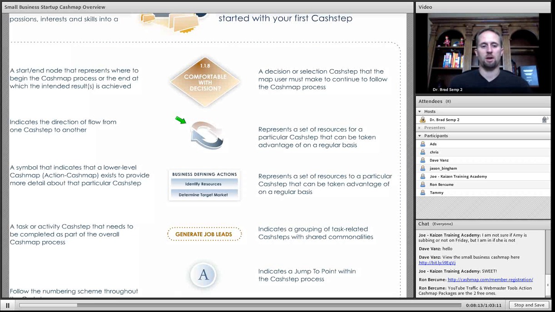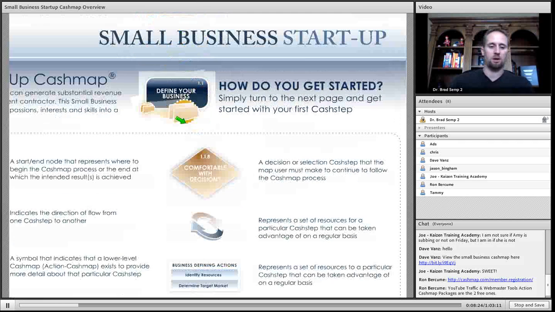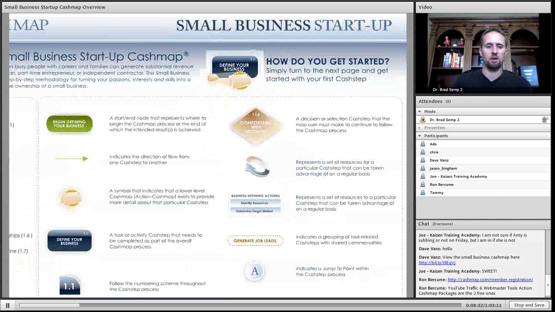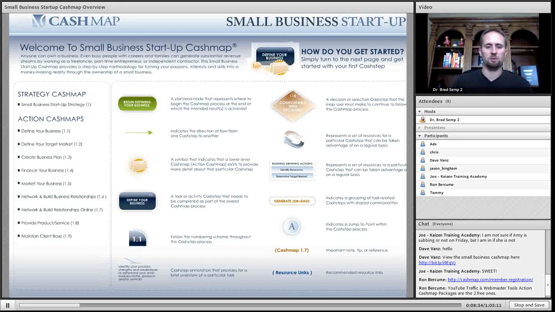You don't see this on every map, but when you do see it, it's saying, here are some resources that you can use to complete a particular cash step. And that's really the ones I want to talk about right now. That gives you the basics of how to follow and read a cash map. And again, this entire overview sheet comes with every one of our cash map packages.